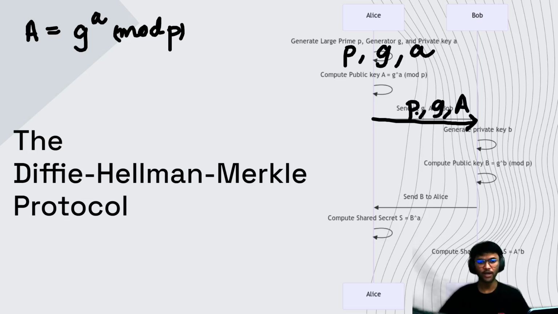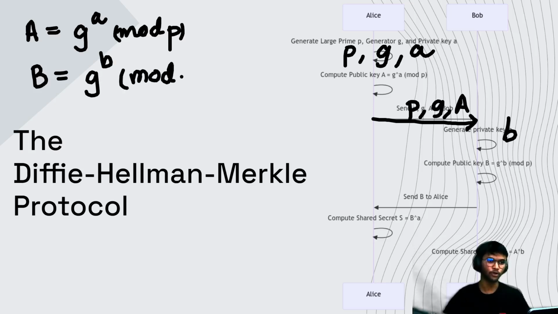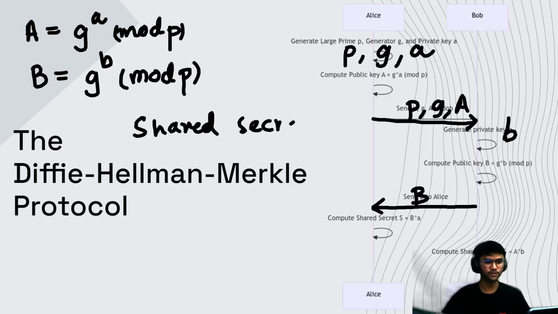Now, Bob has P, G, and A, so they'll generate a private key, their own secret, b. Now, Bob will compute the public key using the formula G raised to b mod P. Bob will now send back this B to Alice. At this point, both Alice and Bob will need to compute what is called a shared secret.